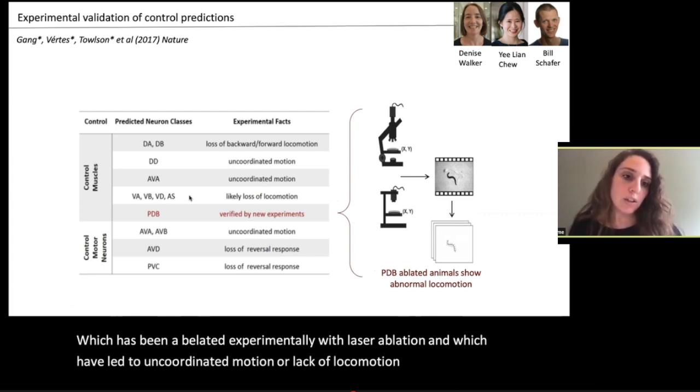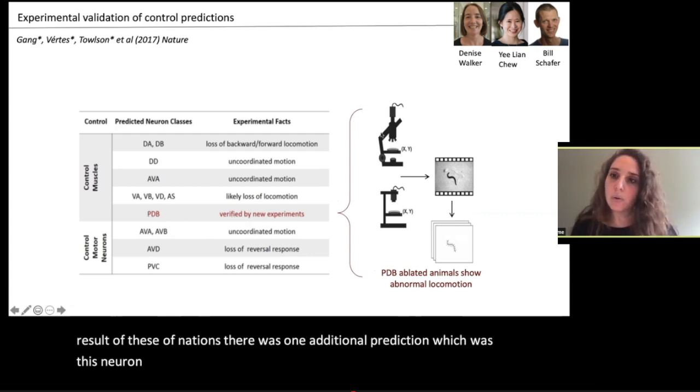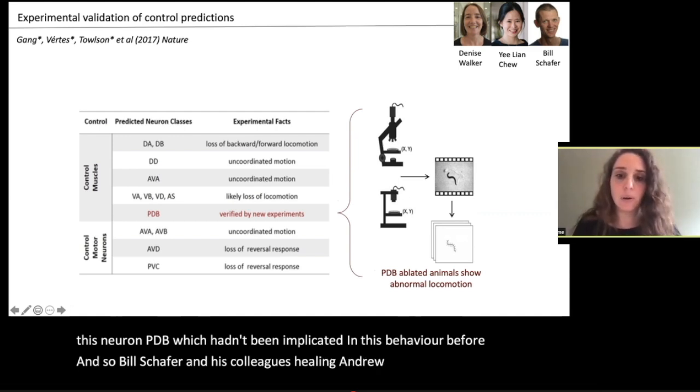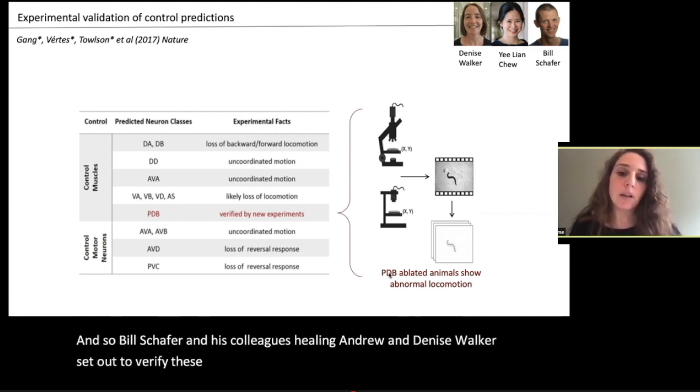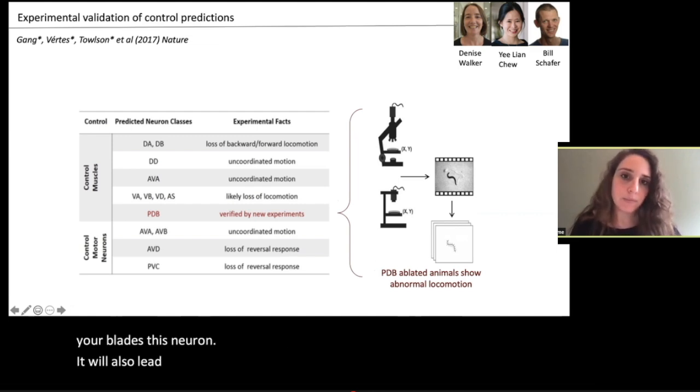There was one additional prediction, which was this neuron PDB, which hadn't been implicated in this behavior before. And so Bill Schafer and his colleagues, Yilian Chu and Denise Walker, set out to verify this experimentally. And sure enough, they found that if you ablate this neuron, it will also lead to abnormal locomotion in this paradigm. So this was exciting for two reasons.